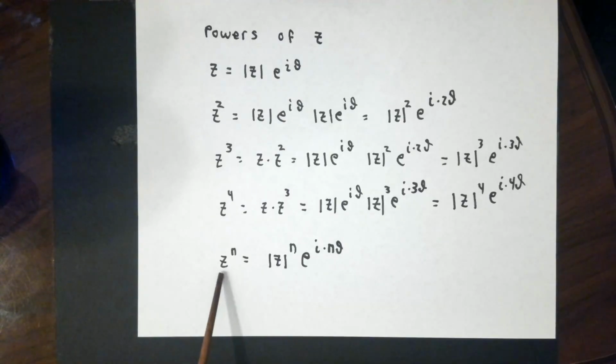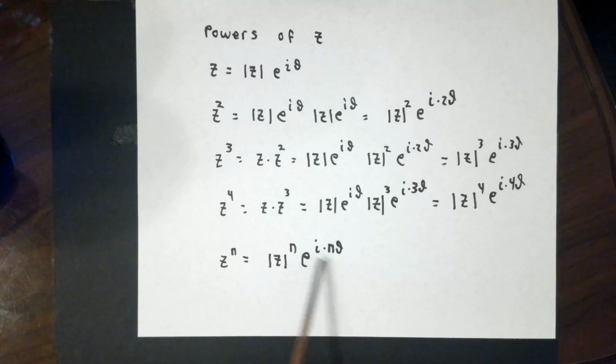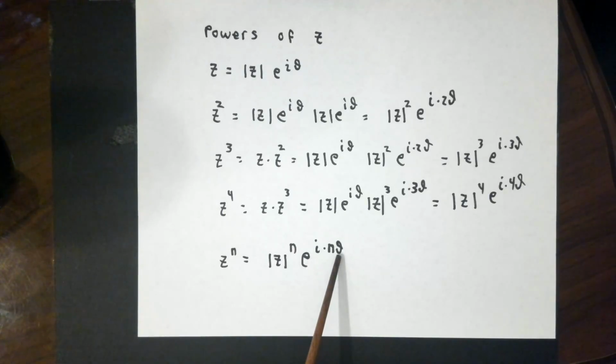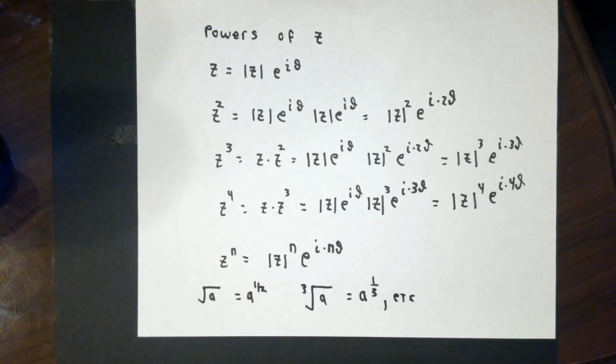When I calculate z to a power, I take the modulus to that power, then e to the i, an angle that will work for z, and the power. If a is a positive real number, we say principal square root of a is a to the 1/2 power. The principal cube root of a is a to the 1/3 power, and more generally, the principal nth root of a is a raised to the 1 over n power.